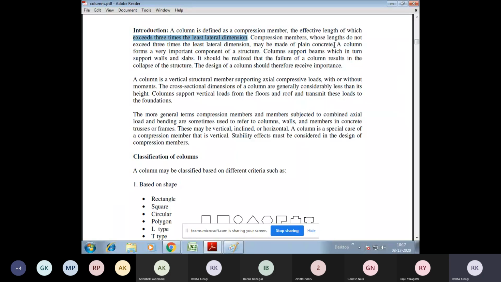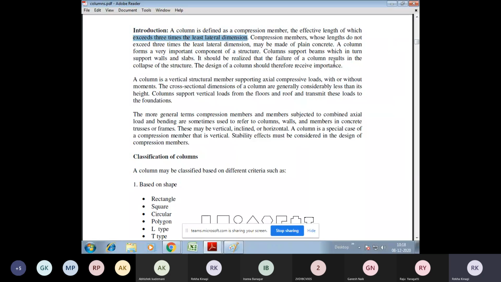For example, it can be a pedestal. We can consider it as a pedestal compression member. Pedestal in the sense, you might have seen the flagpole. Below the flagpole you'll have a concrete base. That base we can call a pedestal.